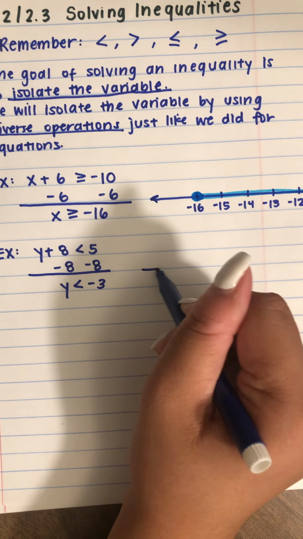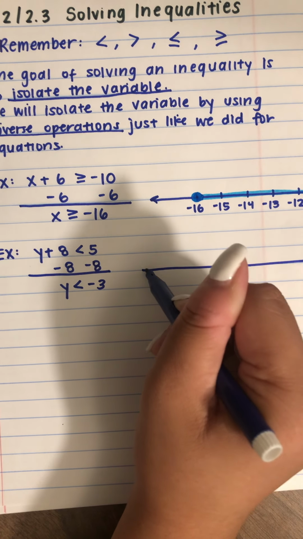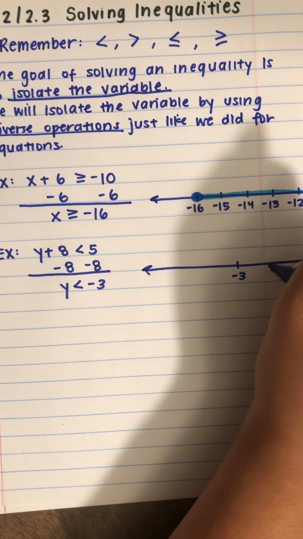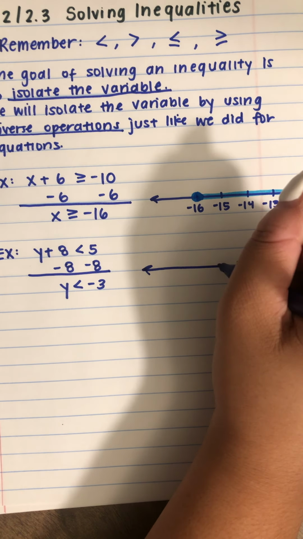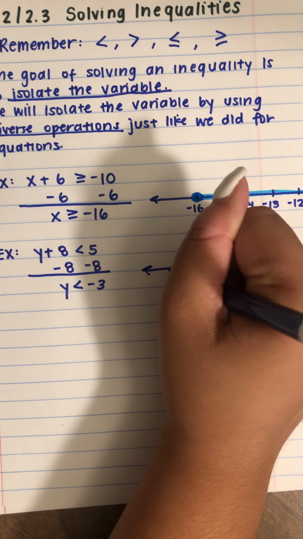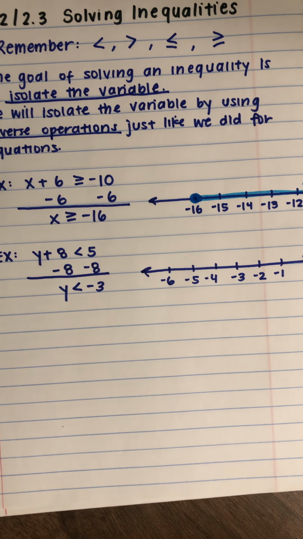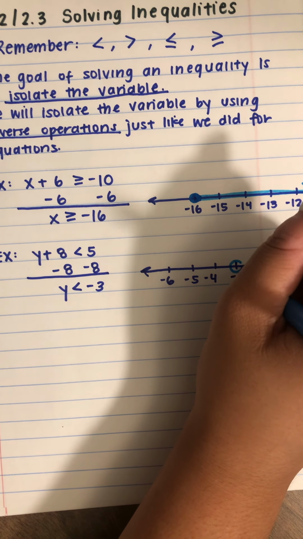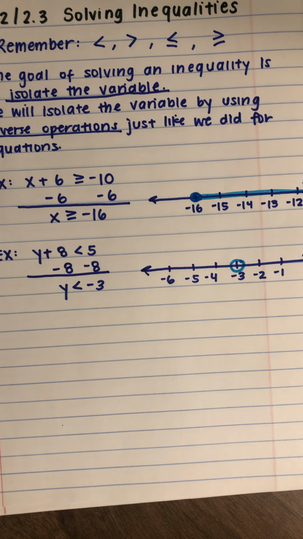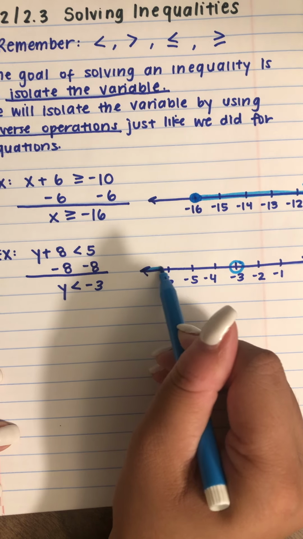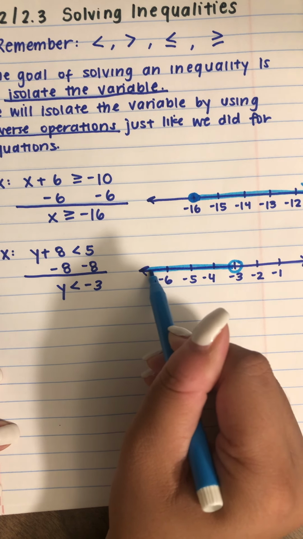We're going to go ahead and graph this as well. So I'm going to have negative 3. Because I just have a less than and not a less than or equal to, I am now going to use an open circle on negative 3. And since I want the numbers less than negative 3, I will go ahead and shade all the numbers to the left.